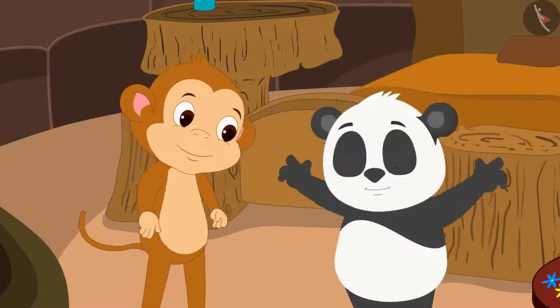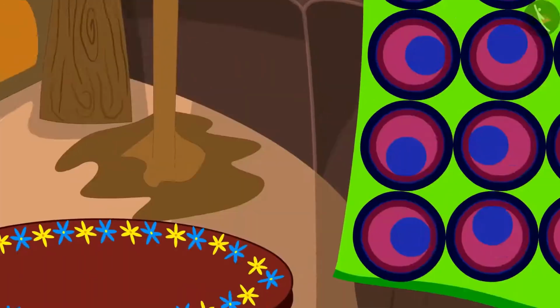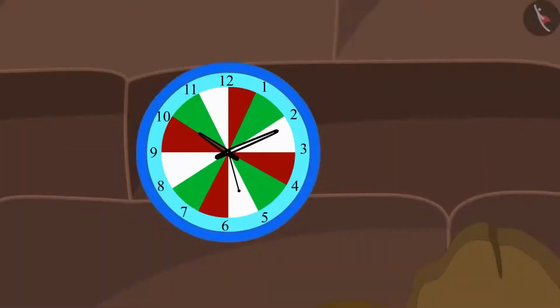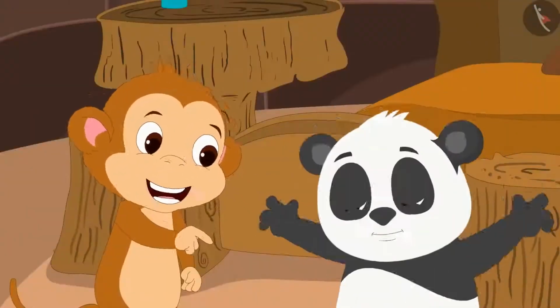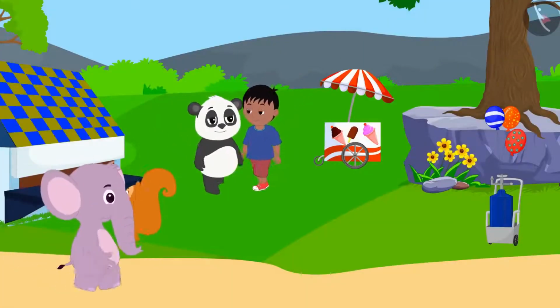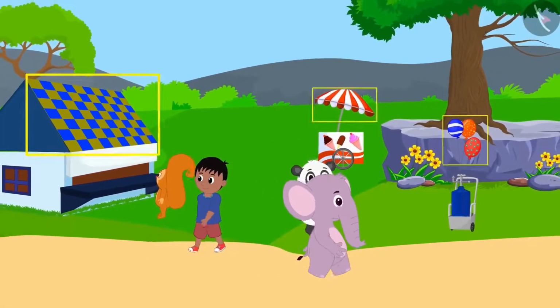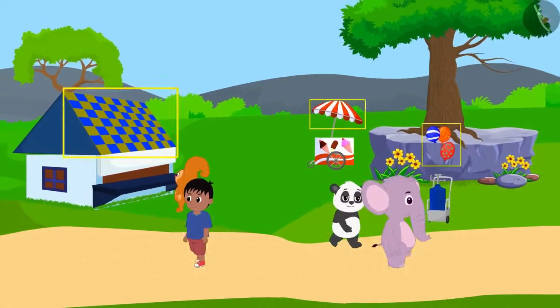Golu and Babban were very happy playing a game of finding unique patterns of Golu's house. Kids, you can also play a game of finding unique rules of the pattern with your friends around you.